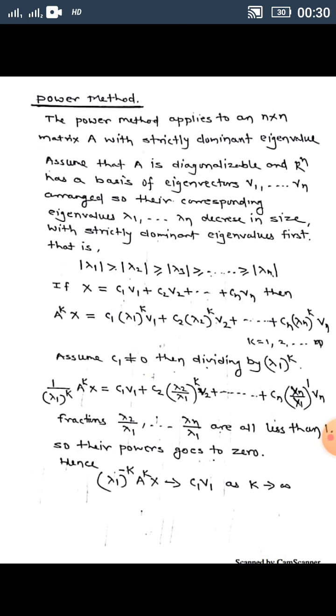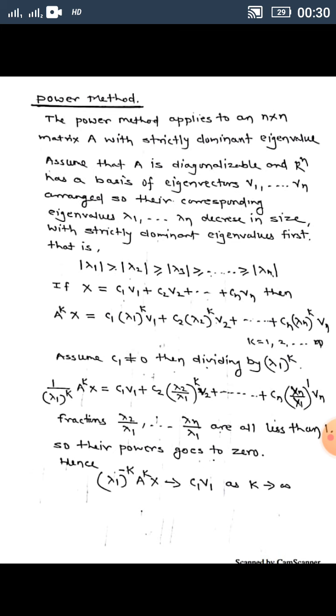The diagonalizable concept we have already seen in the last video, and R raised to n has a basis of eigenvectors v1 to vn, arranged so their corresponding eigenvalues lambda 1 to lambda n decrease in size with strictly dominant eigenvalue first, that is mod lambda 1 is greater than mod lambda 2 is greater than or equal to mod lambda 3 is greater than or equal to so on, greater than or equal to mod lambda n.